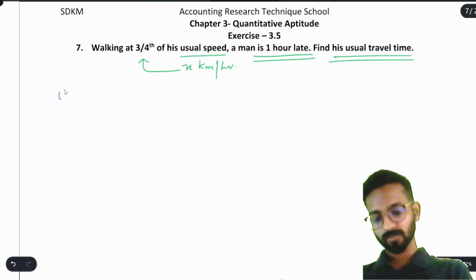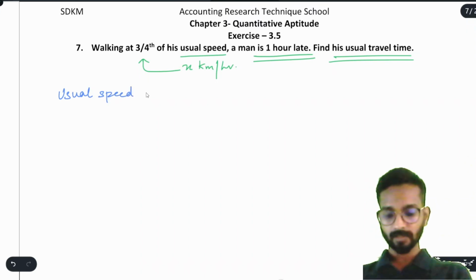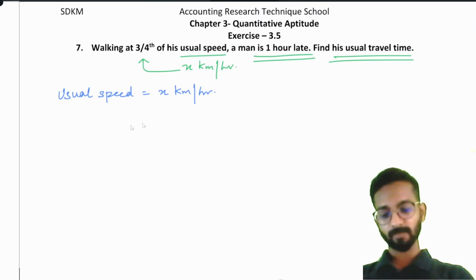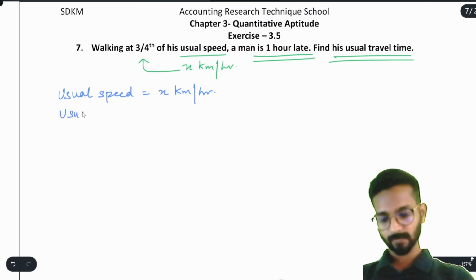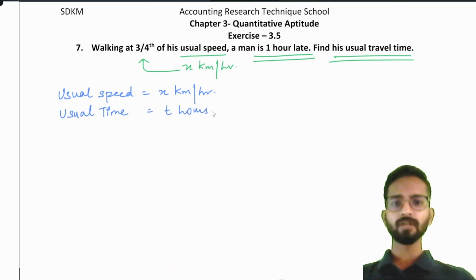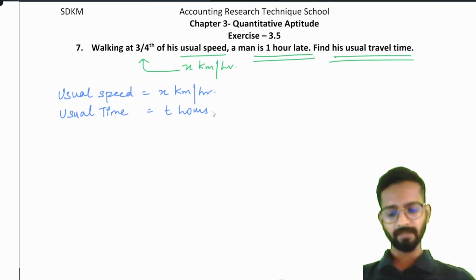First is usual speed, x km per hour. So, usual time is, let t hours. I am just talking usually what was his speed, what is the time taken, t hours.